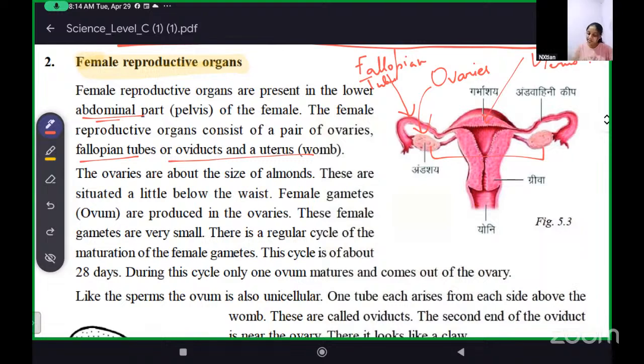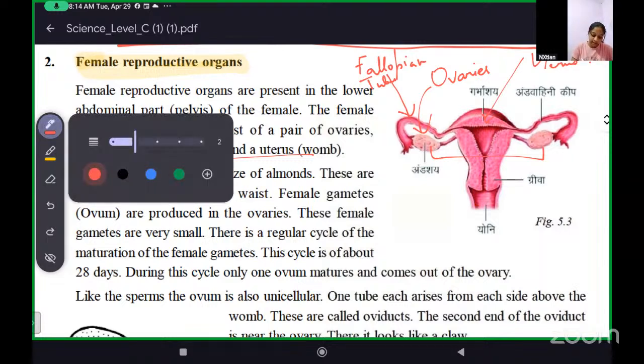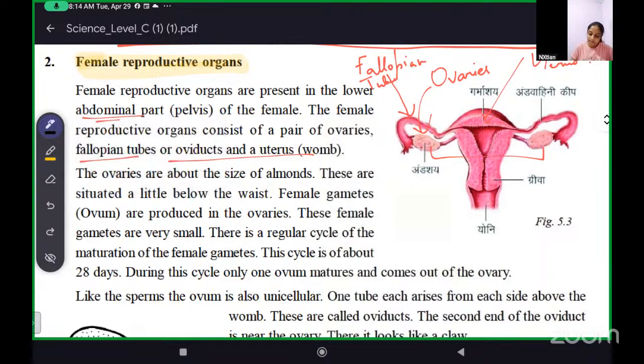Now, what happens is the egg that is produced here comes through the fallopian tube, and it rests here in the uterus.